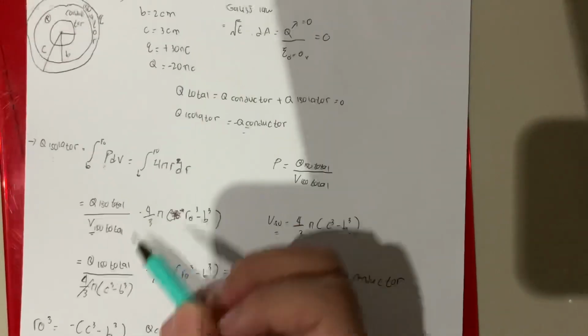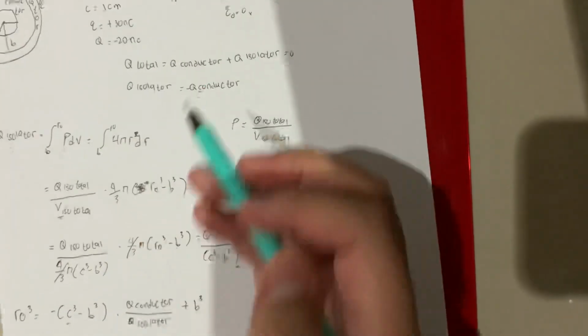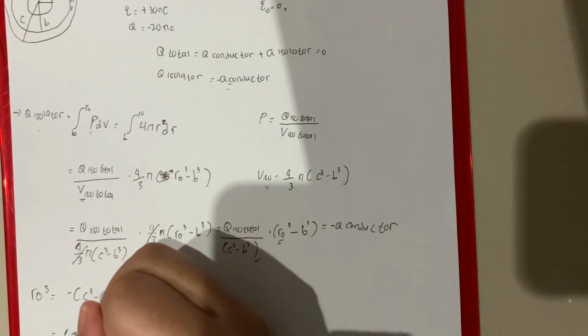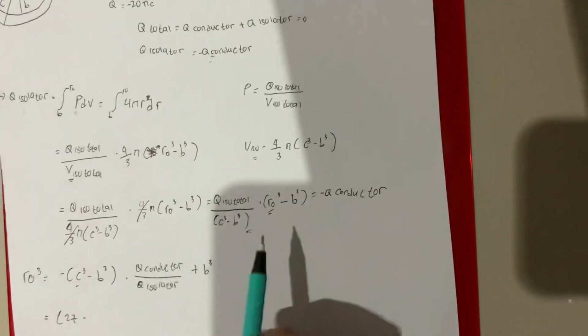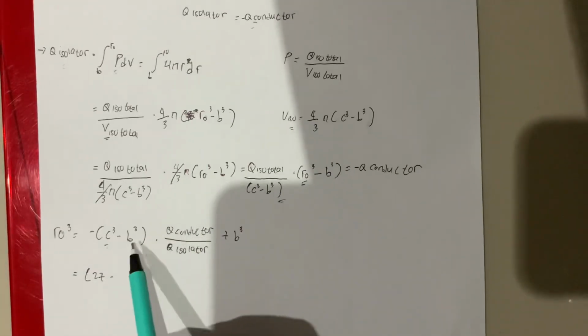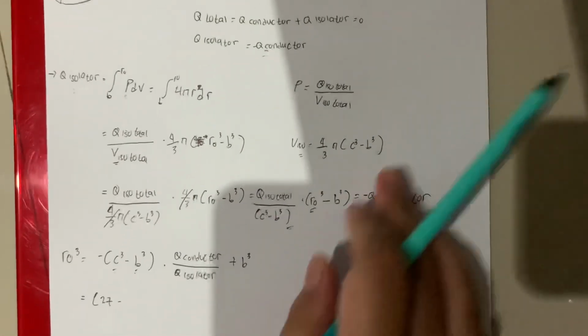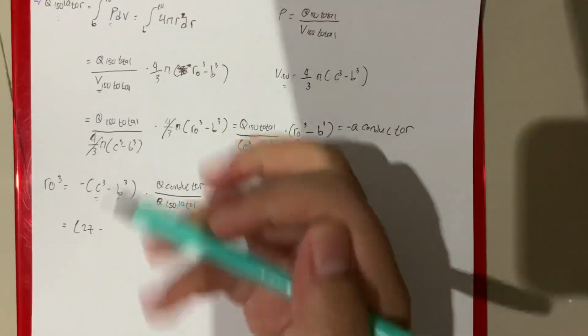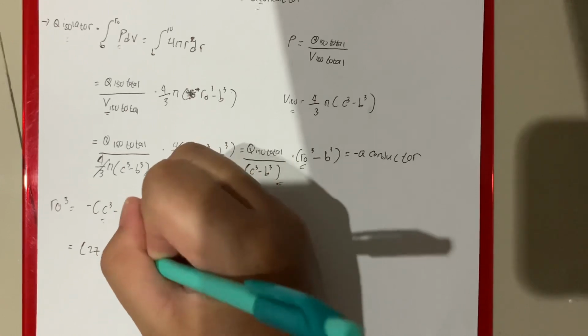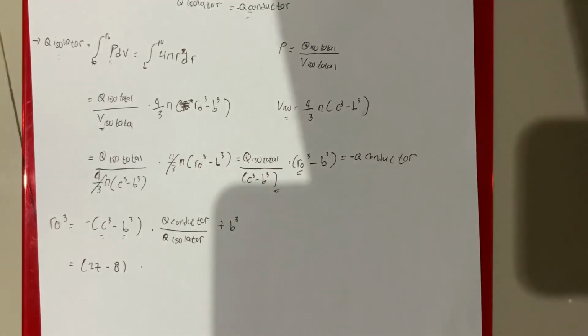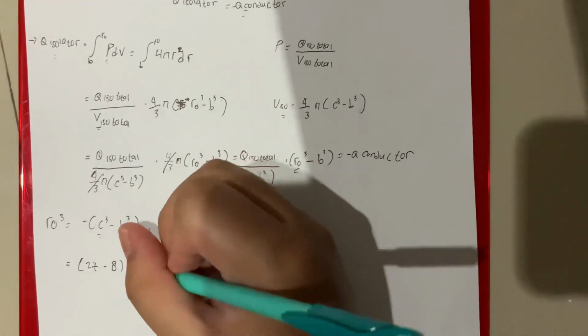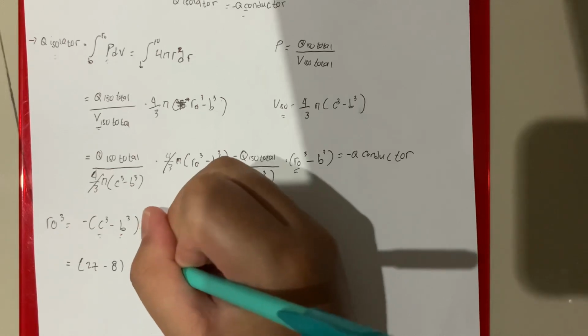So we're going to put the value of every variable in this equation. The c in the question is 3, so 3 cubic is equal to 27. After that there is b, whose value is 2, so 2 cubic is equal to 8.